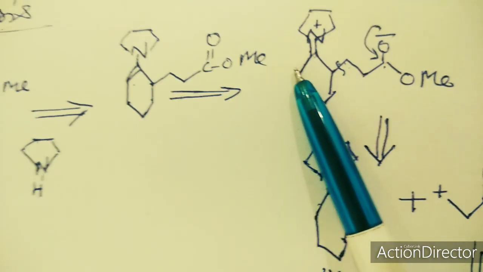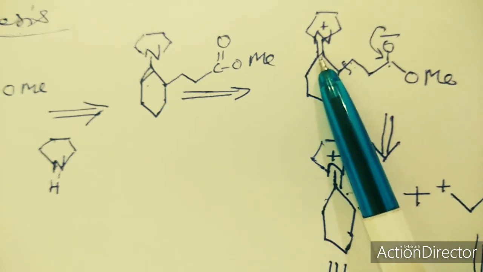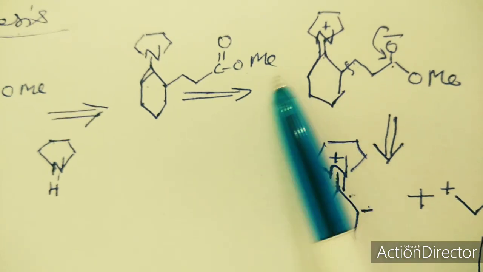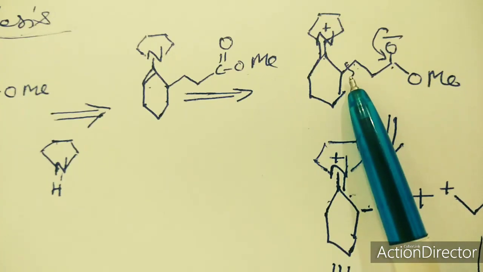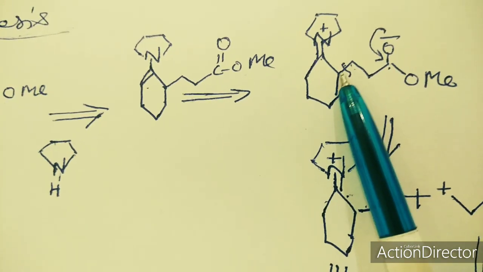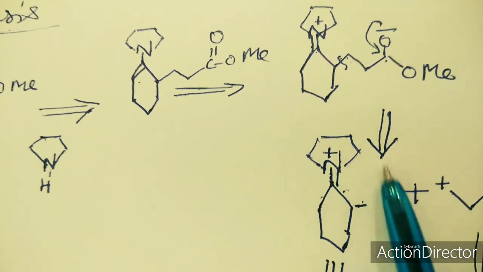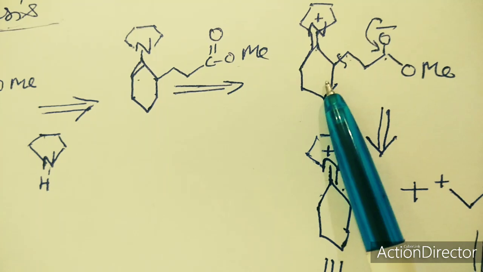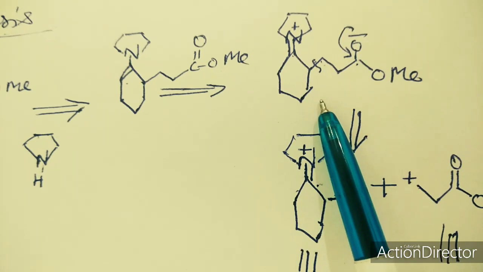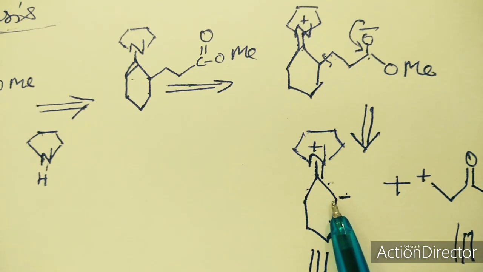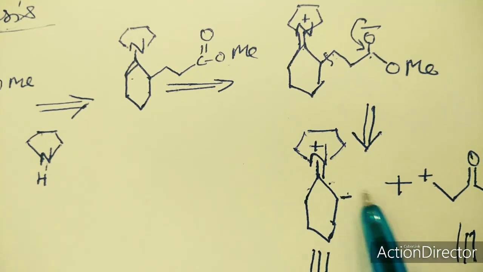Because as we can see, this nitrogen can equally form a bond over here like this. So on disconnection, what will happen when this is disconnected in this way? We will be getting two paths, that is, first of all two synthons, then two synthetic equivalents. One is negative and the other positive.